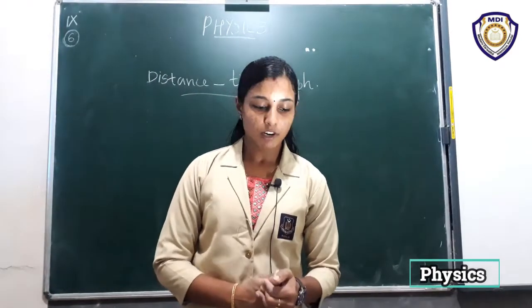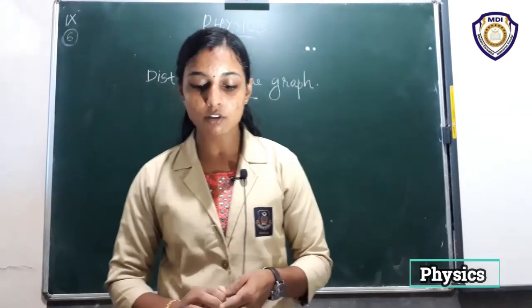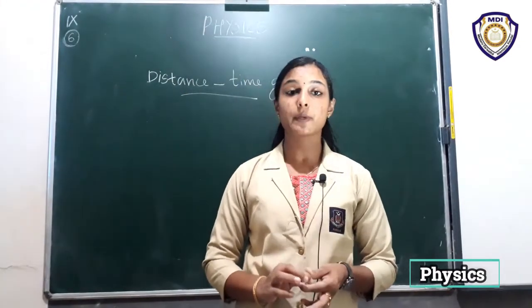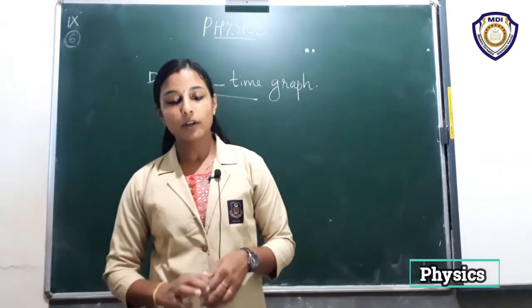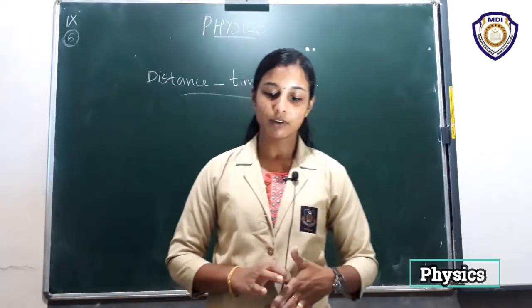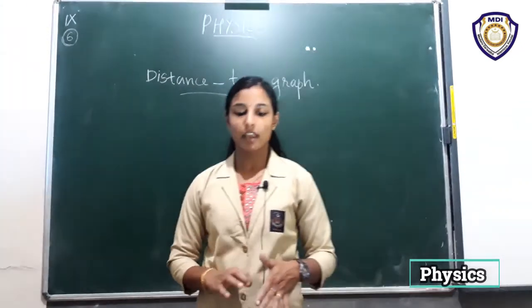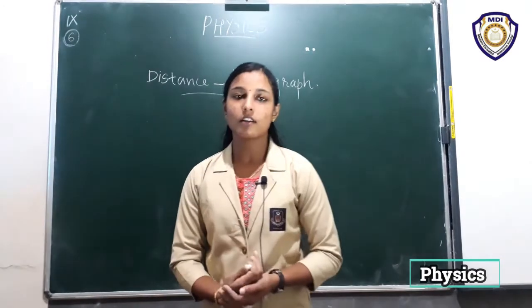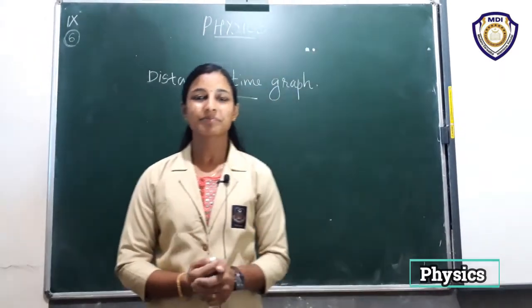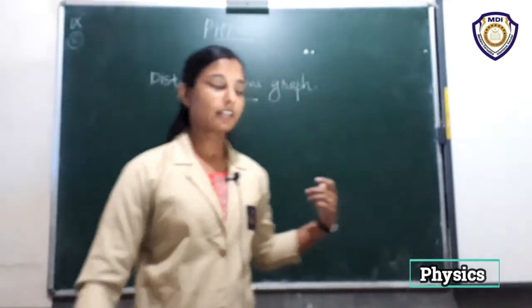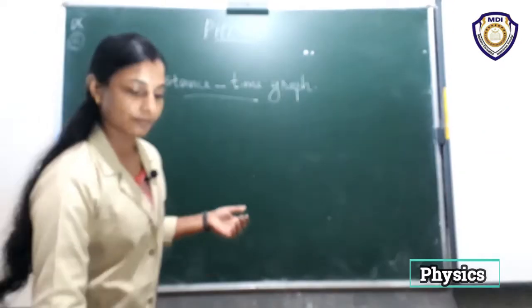That means the change in position of an object with time can be represented on a distance-time graph by adopting a convenient scale of choice. Right? What do you understand from this? Okay, let me talk about this.